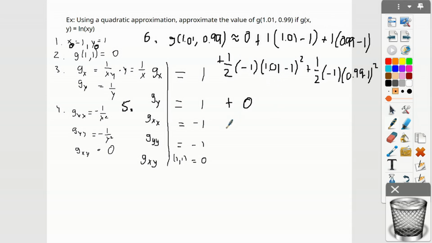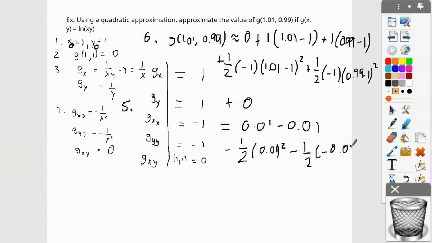So what do you end up getting? This is 0.01, this is minus 0.01. This is minus 1/2 times 0.01 squared, minus again 1/2 times negative 0.01 squared.